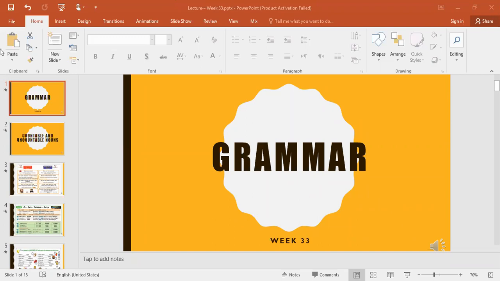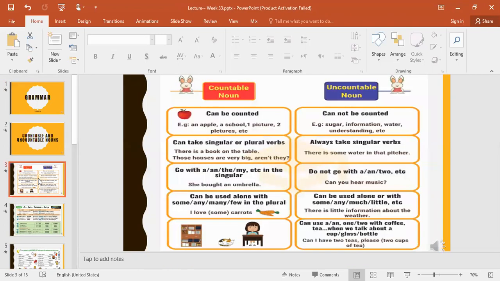Yesterday, we also talked about the differences between countable and uncountable nouns, which are here in this chart. We have said that countable nouns are nouns that could be counted and uncountable nouns are nouns that cannot be counted.